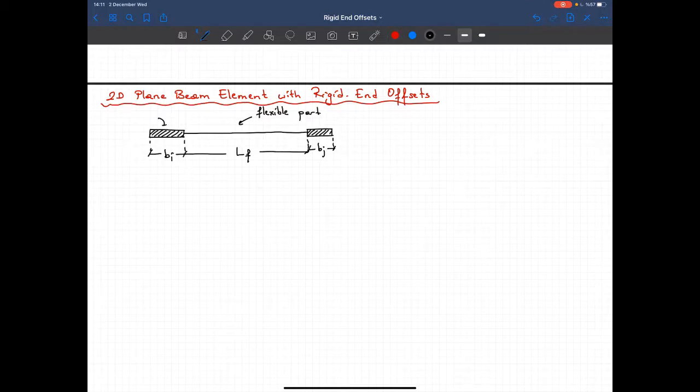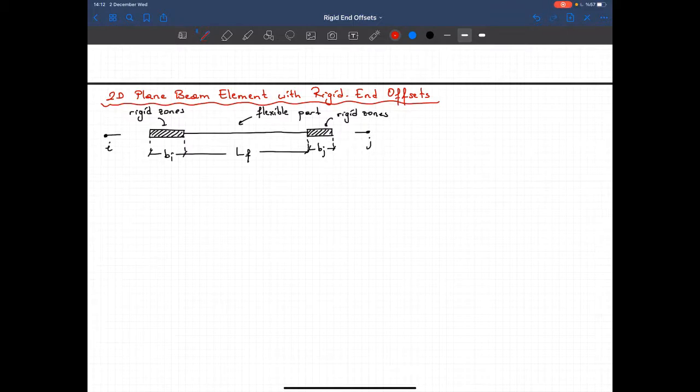And these are the rigid zones or rigid offsets. That's the start node, that's the end node, J.